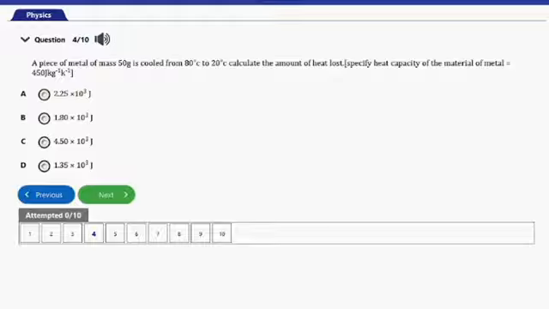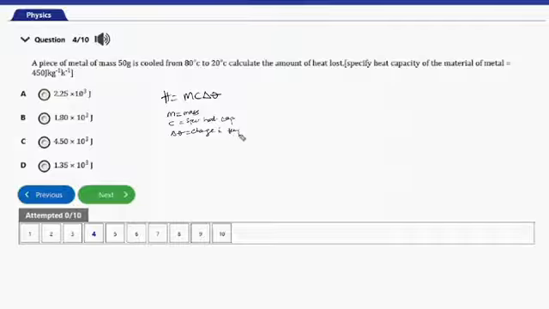And guys, the formula we're going to use here is H is equal to MC delta theta. So where M here is the mass of the metal, then C is the specific heat capacity, and then delta theta is the change in temperature.